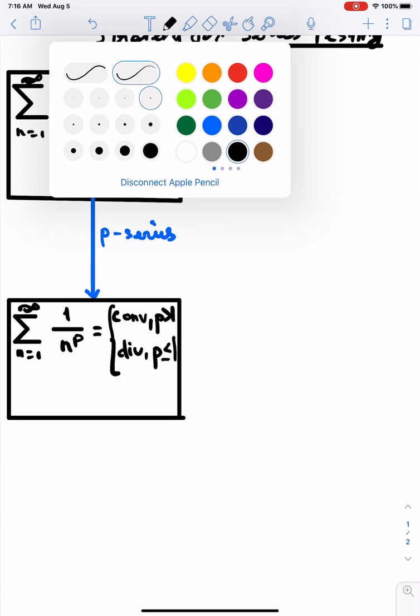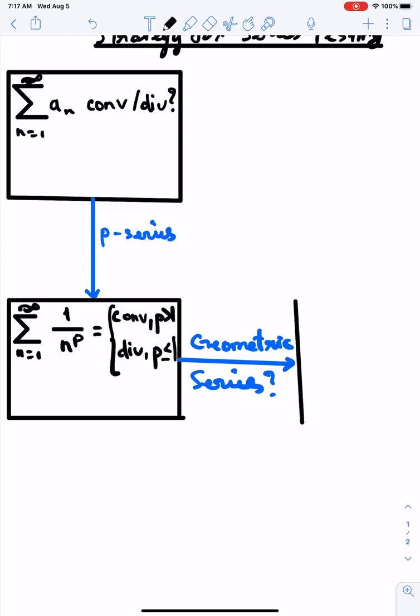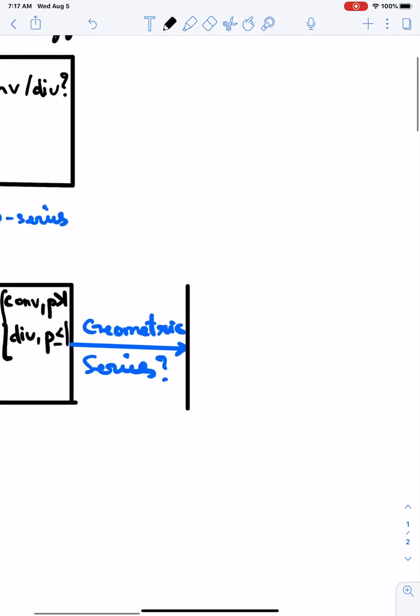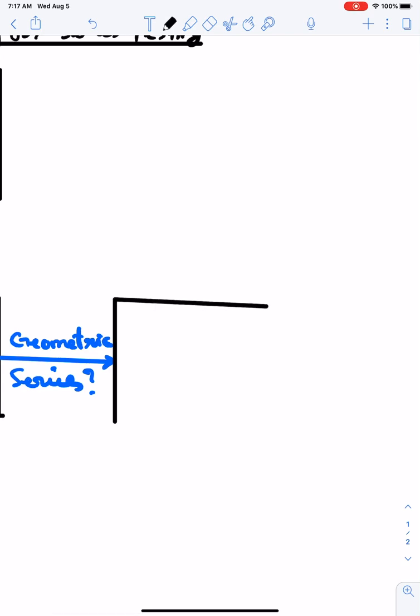Now, if you're not a p-series, then you should ask yourself, are you a geometric series? So what does a geometric series look like?